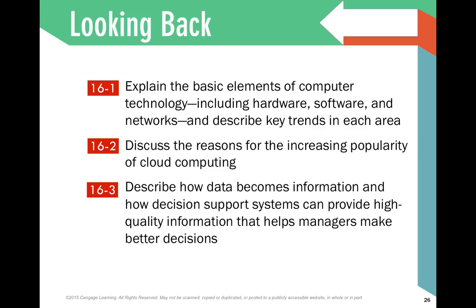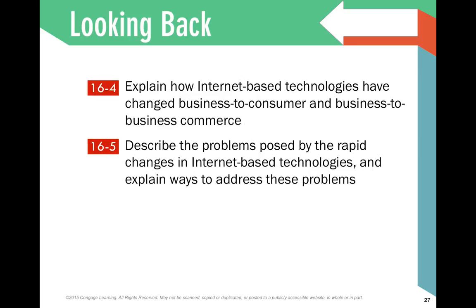All right, now looking back, I've explained the basic elements of computer technology, which includes hardware, software, and networks, and I've described some of the key trends in each area. I've discussed the reasons for the increasing popularity of cloud computing, in addition to describing how data becomes information and how really important decisions can be made when you have high quality information that is given to managers and upper management.